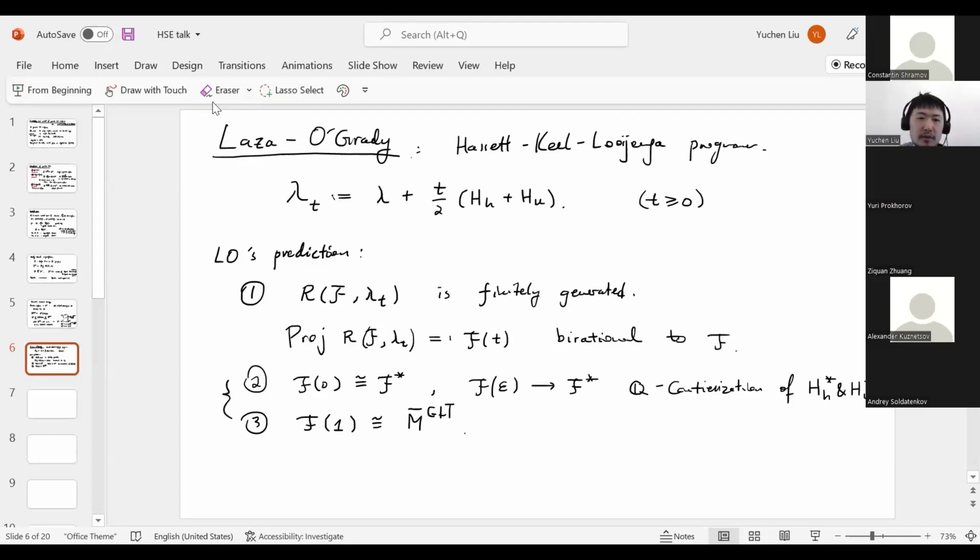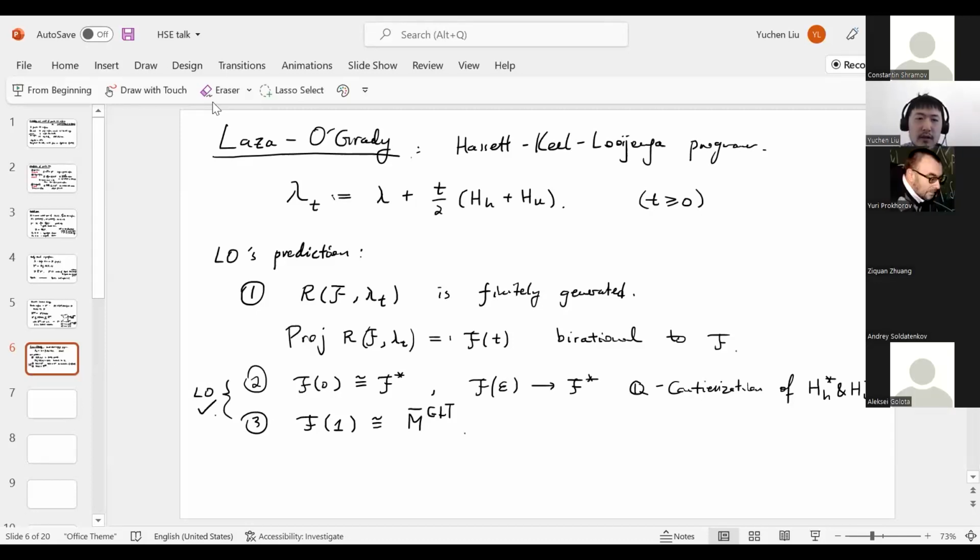So these 2 steps, they are all verified, okay. And then for 4, what we have is their prediction says there exist some explicit walls. And then there will be flips and divisorial contractions.